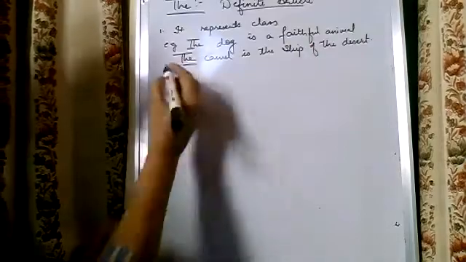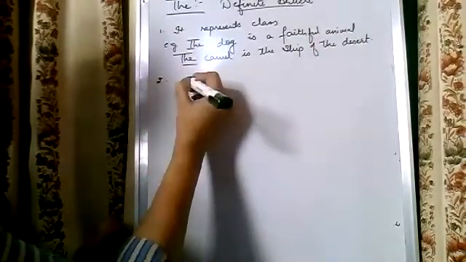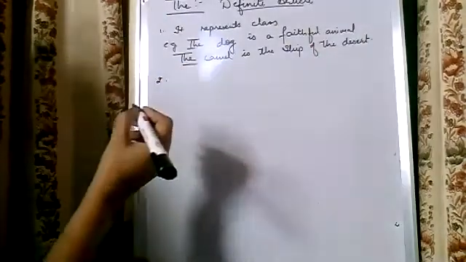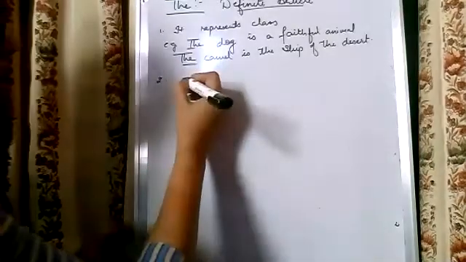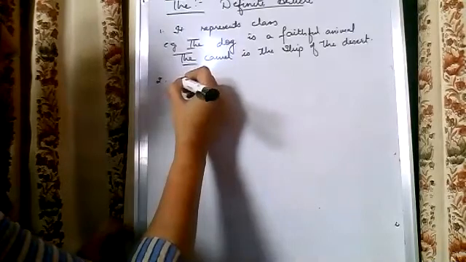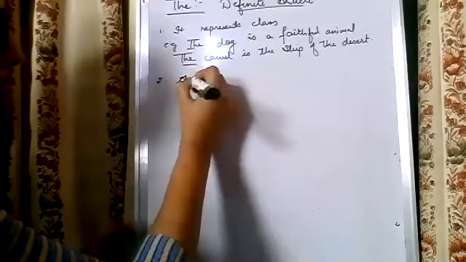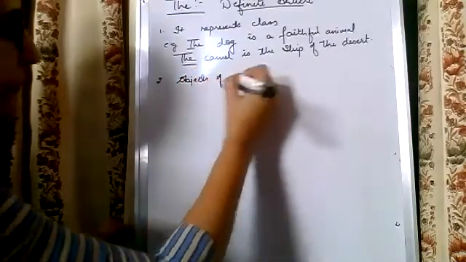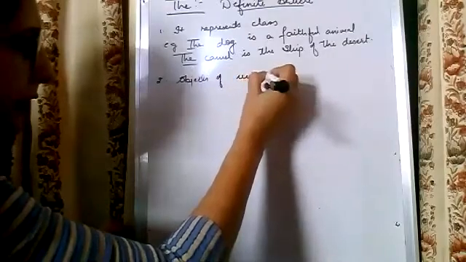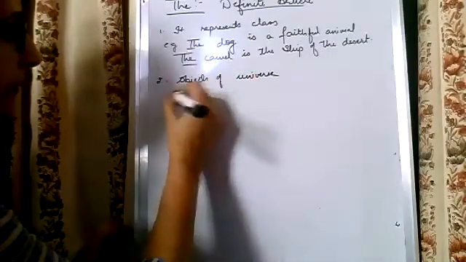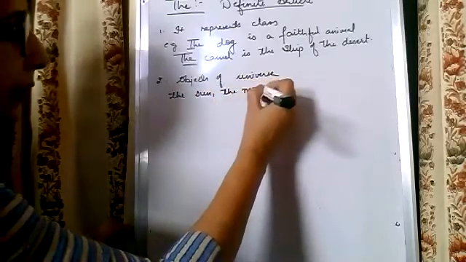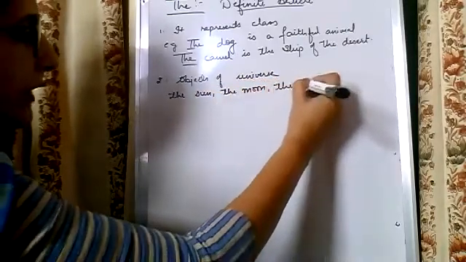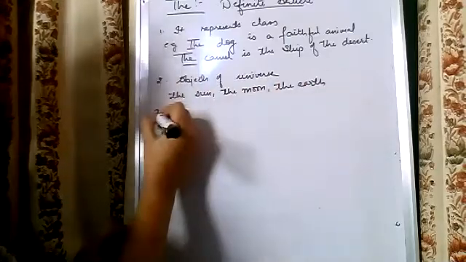Next, it is also used with objects of the universe. What are objects of the universe? For example, the sun, the moon, the earth, which are one of a kind. With that we also use the.